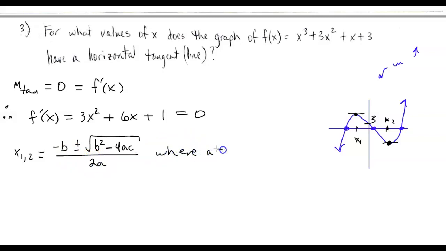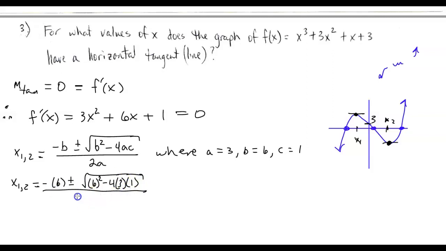And this is going to be where a in this case is going to be 3, b is going to be 6, and c is going to be 1. So ax squared plus bx plus c. So all we do now is just plug and chug, and we see what we get. So we have minus 6 plus or minus square root of 6 squared minus 4 times a times c, all that over 2 times a.